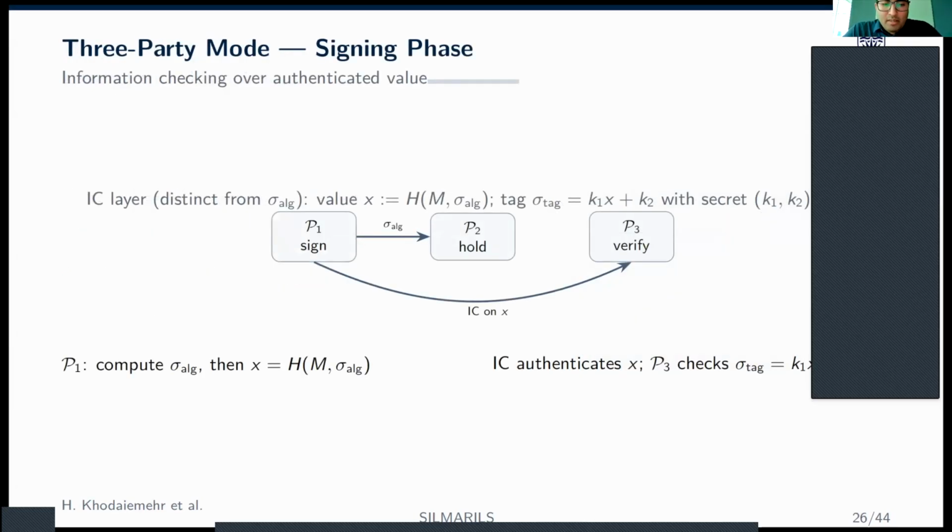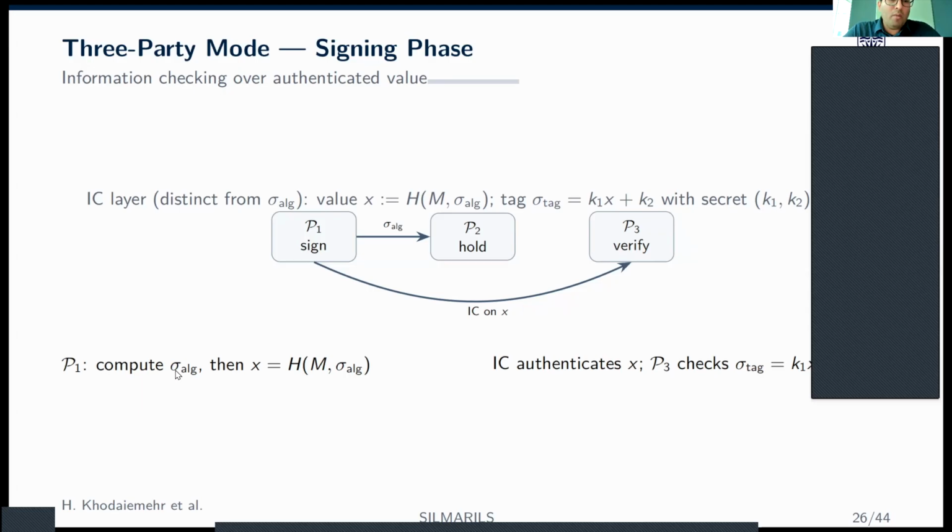And with the same sigma alg, here we want to jump to the three-party mode. So we use again the same sigma alg, and we use the value x as the h of m and sigma alg, and we also have a tag here as k1x plus k2 with secret k1 and k2 at P3. So these secret values are only known by P3.